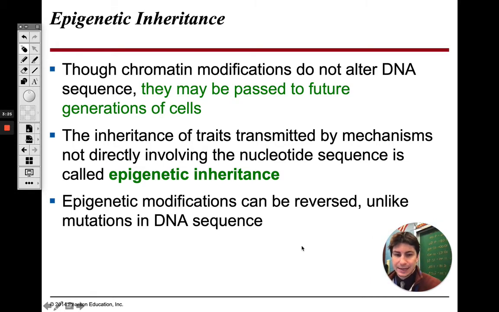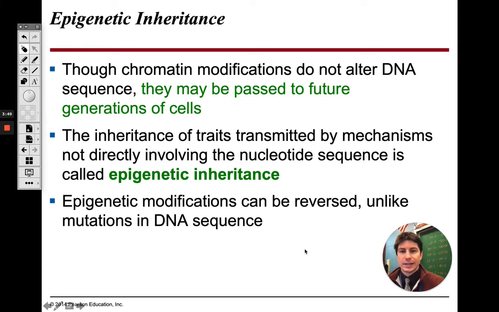Like I said, I will post a video for you on epigenetics, but it can be reversed, which is nice. So if we see, say, a heart cell all of a sudden needs this gene, we can reverse that process. A mutation, yeah, it's done.